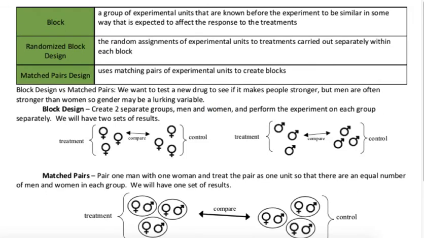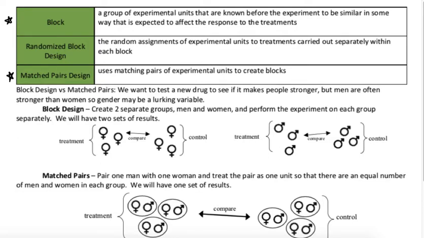Okay, the next part that we're going to talk about is a couple different ways that we can group our experiment so that we can help with its overall effectiveness and reliability. One of the ways is called blocking, and another is called matched pairs design.